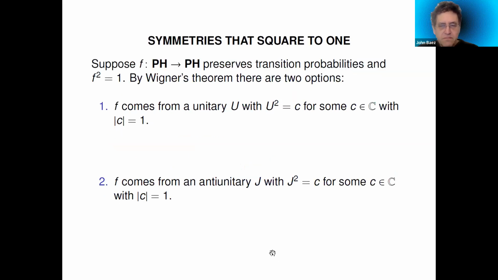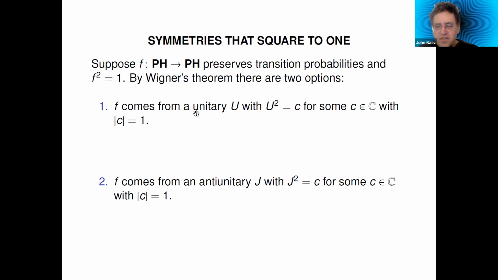Now suppose you've got a map from the projectivization of a Hilbert space to itself that preserves transition probabilities, and suppose it squares to the identity. So it's a physical symmetry that squares to 1. It could come from a unitary or from an anti-unitary by Wigner's theorem.